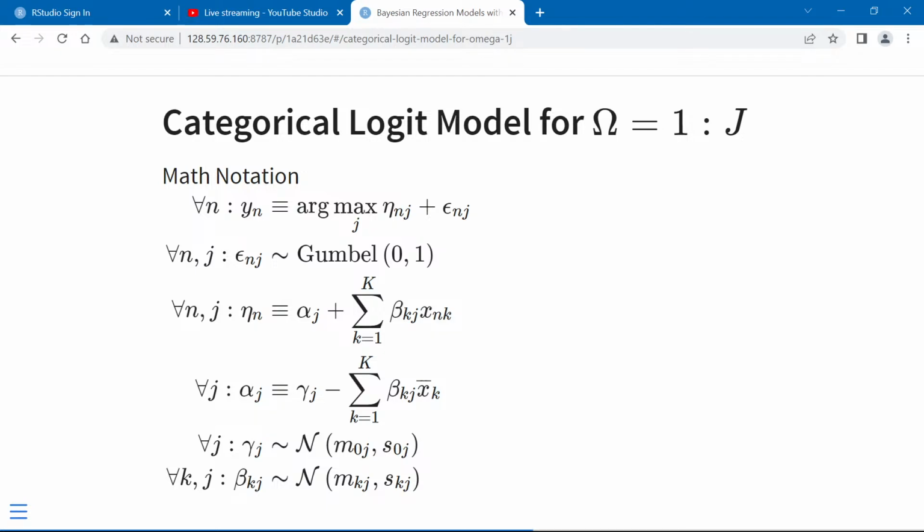So eta has the usual form. We can write this relative to the raw predictors or with the substitution that we've been doing before, make the intercept relative to the centered predictors, in which case we can interpret it as expected utility for a person with average predictors and orange juices with average predictors.